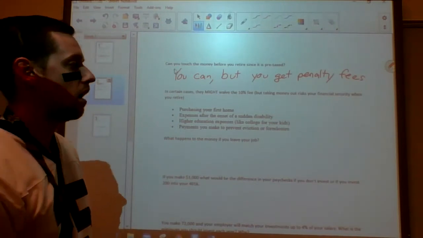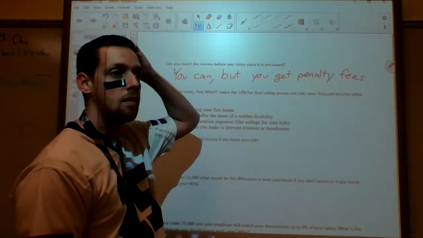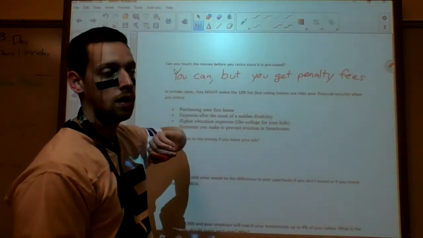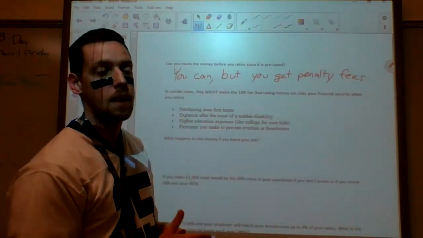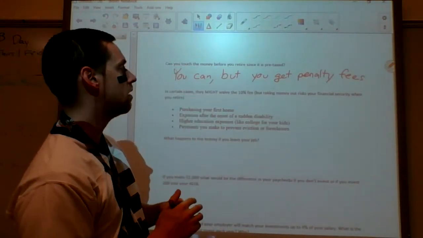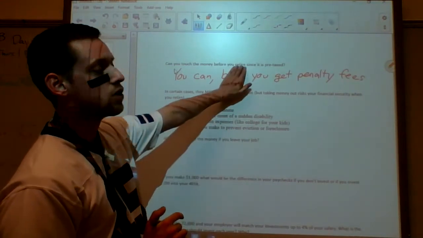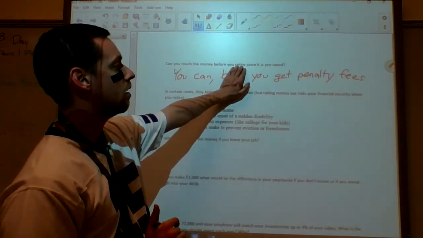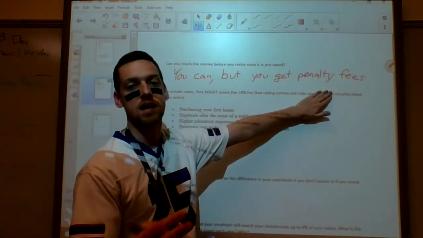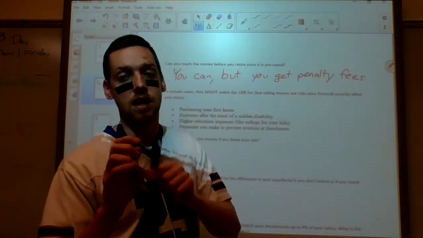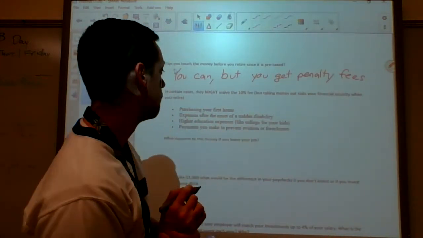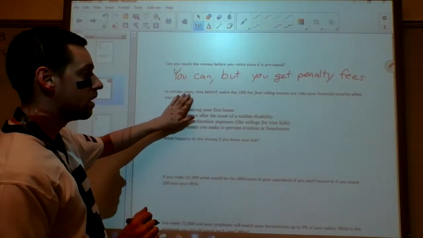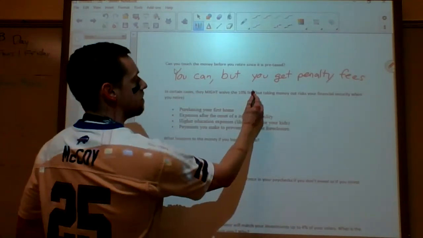So let's say I'm buying like a beach house or a vacation home. I could dip into my retirement, but if I haven't reached the 59 and a half, they're going to charge me a penalty fee for taking some of that untaxed money when I wasn't supposed to. Right? In certain cases, they might waive the fee. The fee is about 10%.